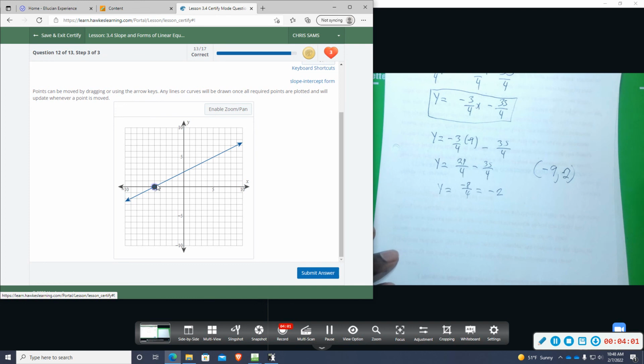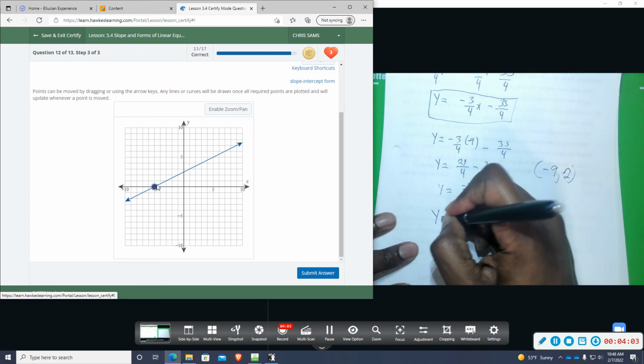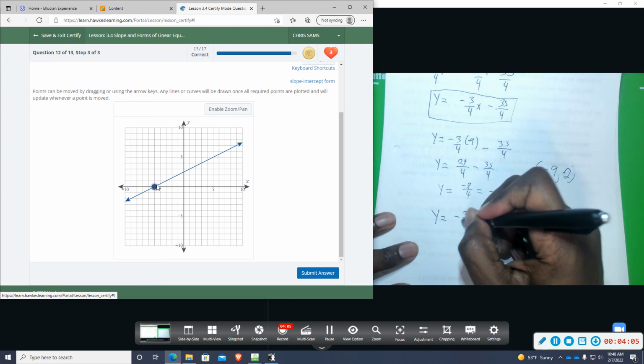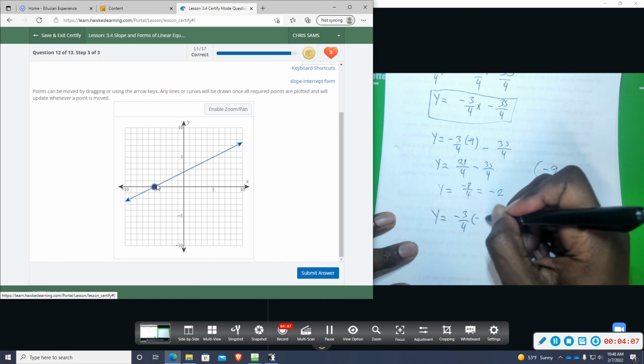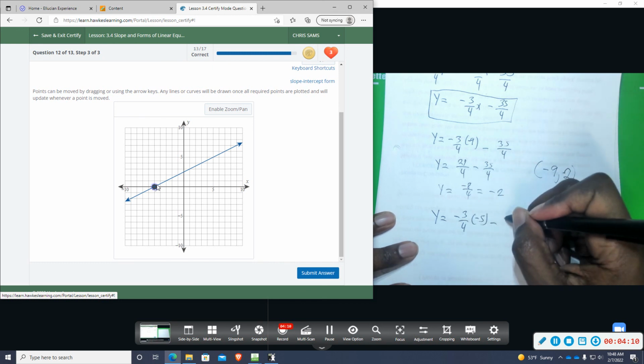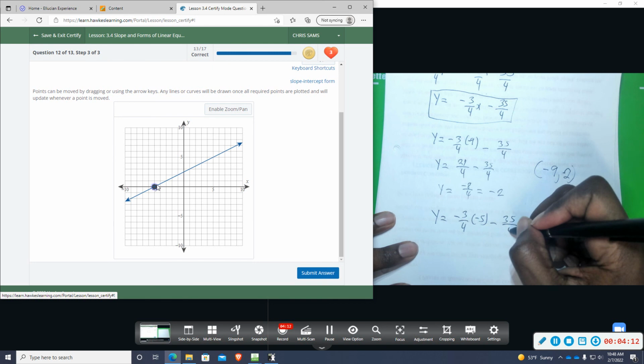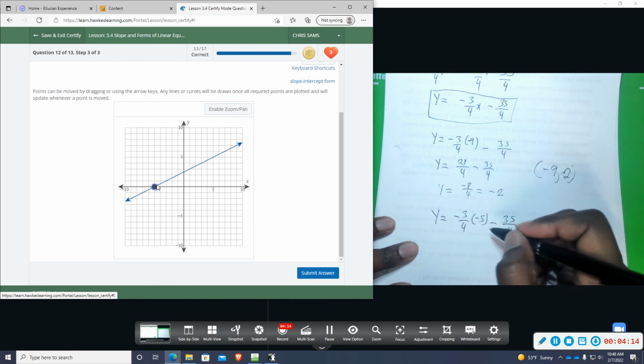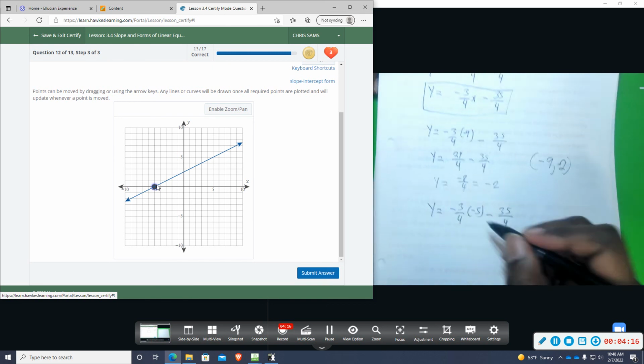So we have y equals negative 3 over 4 times negative 5 minus 35 over 4. A negative times a negative is a positive, so that gives us 15.